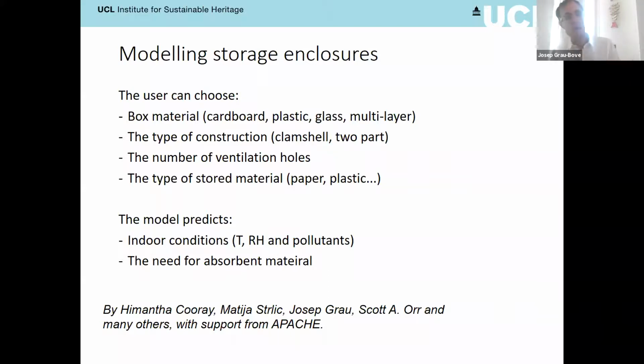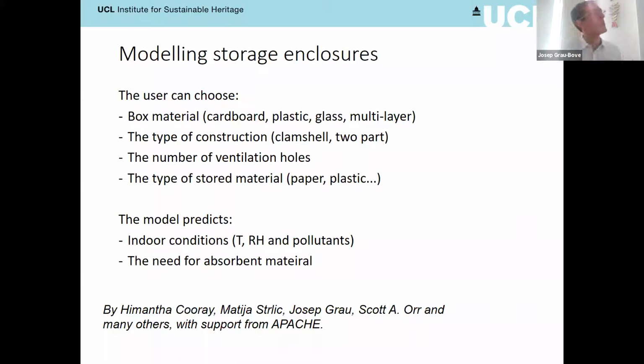The purpose of this model is to help people make decisions about what kind of display cases they need, because they will be able to manufacture the perfect display case for their environment. But it can also push the development of boxes and display cases forward by allowing manufacturers to be very specific about the kind of box that they develop for which purposes.